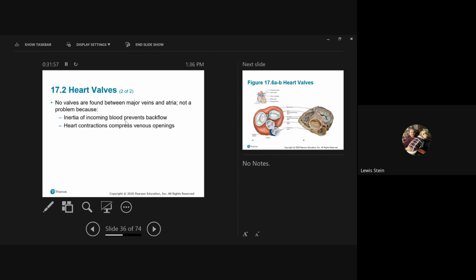As the fluid goes up, when gravity tries to take over and push the fluid down, the valves shut. So it keeps working its way up. It's assisted tremendously by muscle activity. Breathing and muscle activity are really what allow blood to flow back.